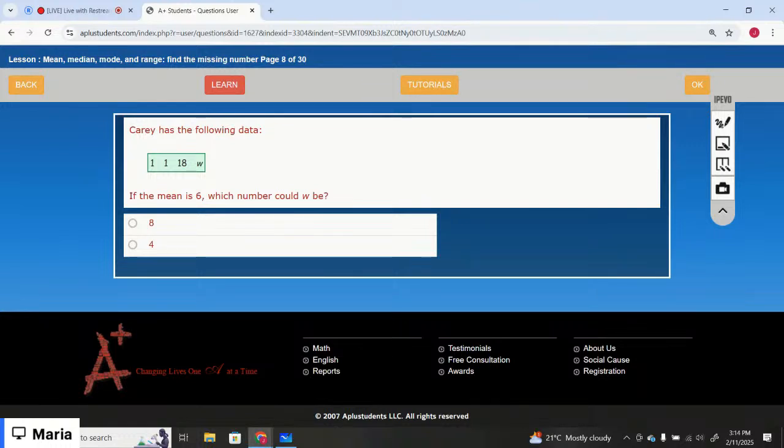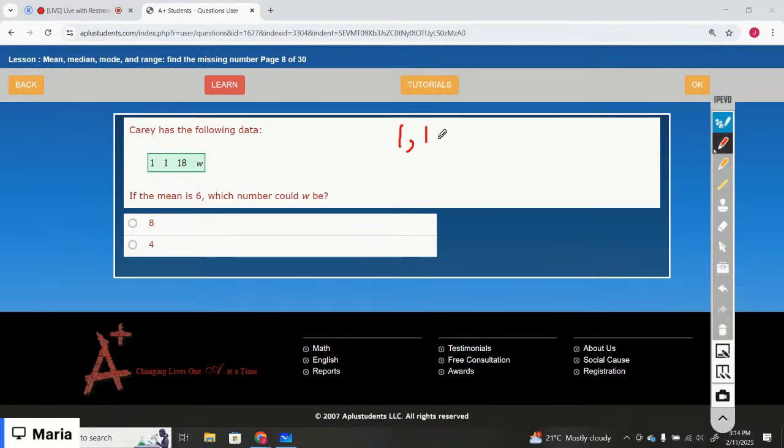Carrie has the following data. If the mean is 6, what number could W be? Let's see if W equals 8.